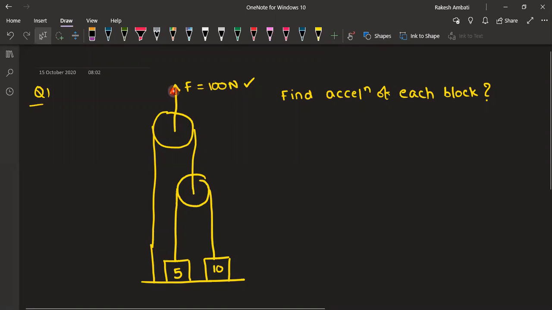If it is 100 newtons, it equally divides. So in this string, tension force 15 newtons, in this string, tension force 15 newtons.